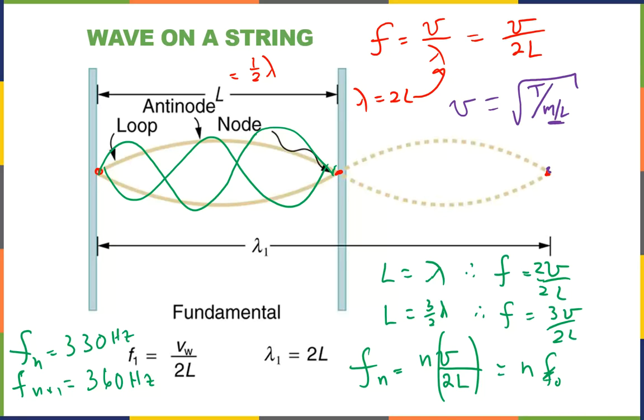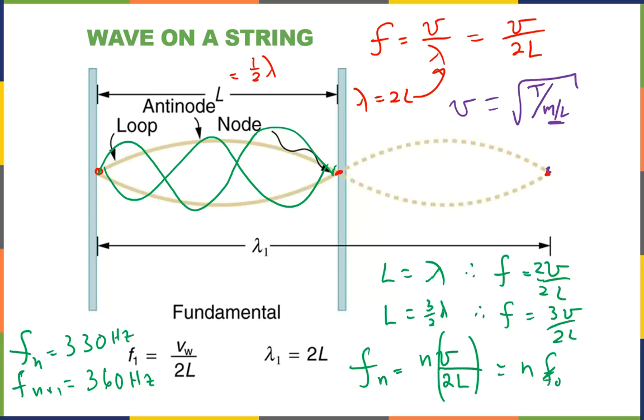Notice each of our harmonics is an integer multiple of our fundamental. So n times the fundamental is 330. n plus 1 times the fundamental is 360. Well, of course, n plus 1 times the fundamental is n times the fundamental plus the fundamental, which means the difference in those two is the fundamental.